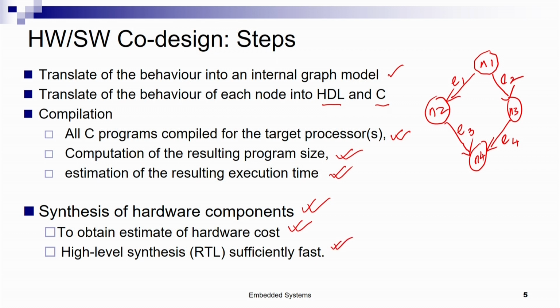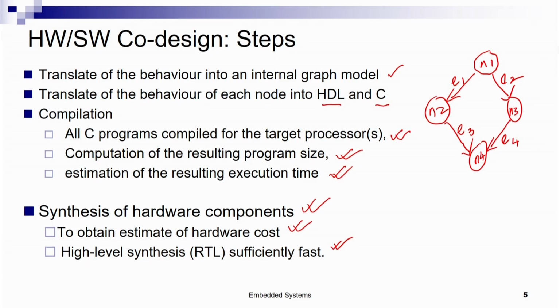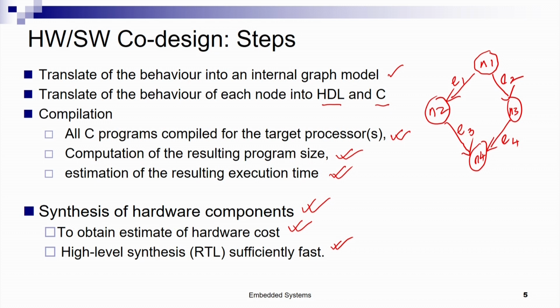We will look at how high level synthesis works, how we get a hardware architecture corresponding to a function, in the subsequent lectures. So, we do a high level synthesis to obtain a fairly accurate estimate of the hardware costs. Okay. So, for each component we now have the software cost as well as the hardware implementation cost.